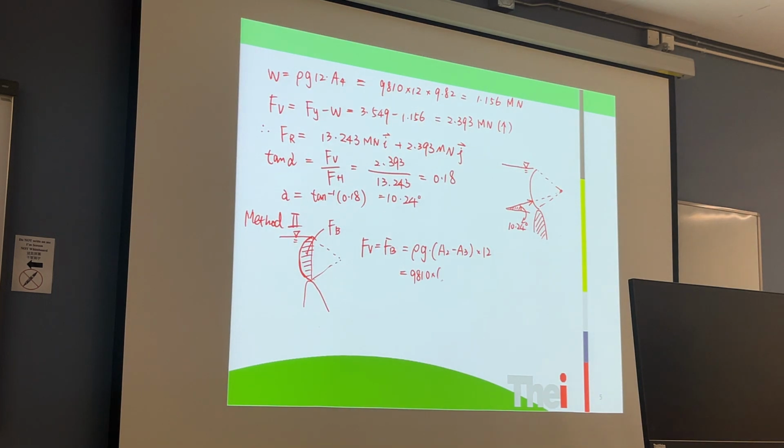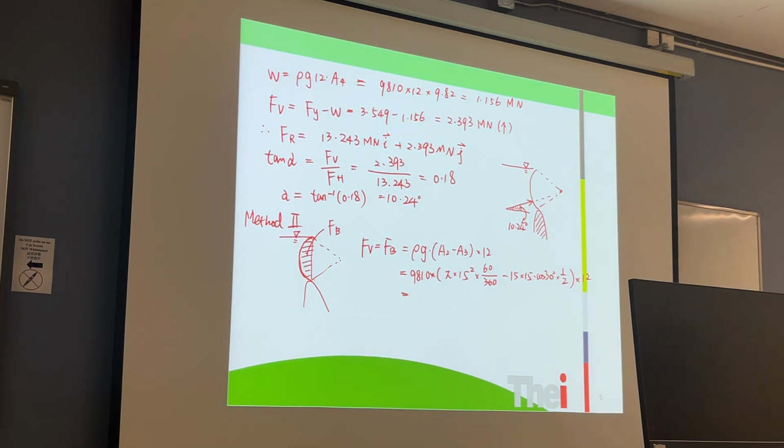So it's 9810 times A2, which is pi times 50 meters squared times 6 over 360, subtract the triangle area, 50 times 50 times cosine 30 degrees times 1 over 2, and times 12.